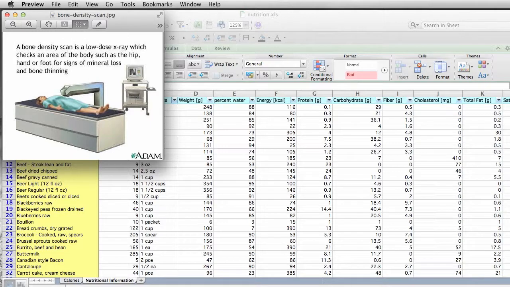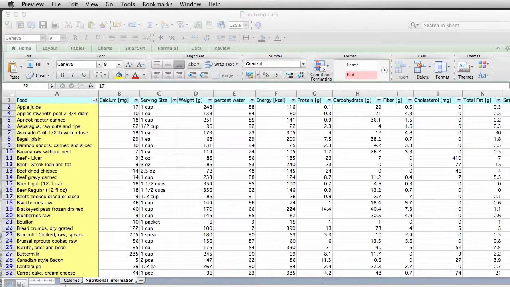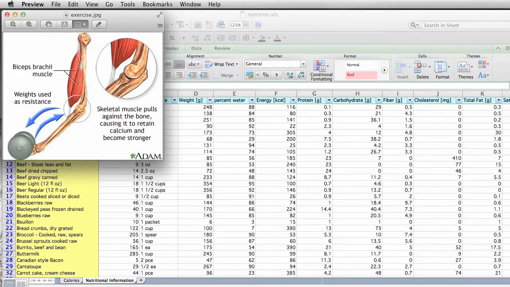Now there's ways to deal with this. There's ways both in terms of exercise, which is one way that I'm actually dealing with this. I like exercise anyway, and basically when you exercise, it causes your muscles to retain calcium and become stronger. So I ride my bike to the top of the mountain a few times a week, not primarily for purposes of preventing osteoporosis, but it has that added benefit as well.